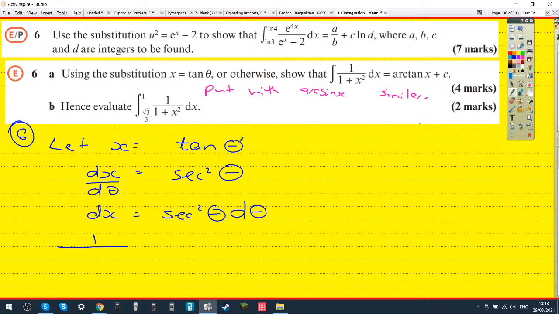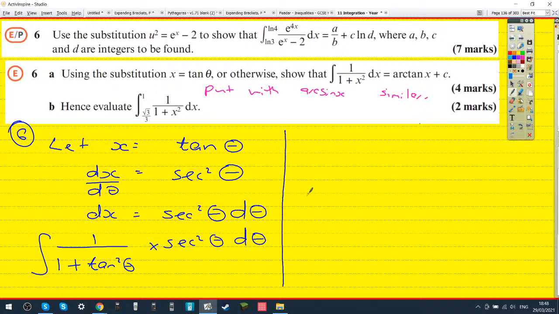So if we let x be equal to tan theta, 1 plus tan squared theta, is that what you said? Yes. Okay. And so here we have sec squared theta over 1 plus tan squared theta. Yep. Which will be cos theta times cos theta.